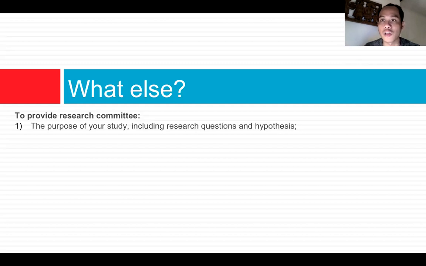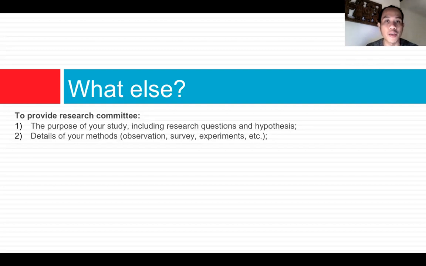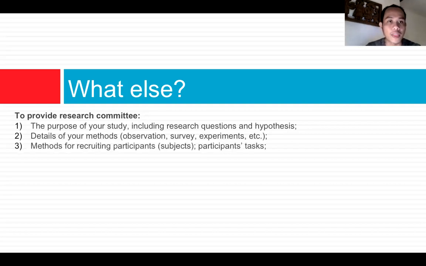I think it's also crucial, and you could write it down in the introduction part, and then the details of your methods, in the research method part, and then the method for recruiting participants.